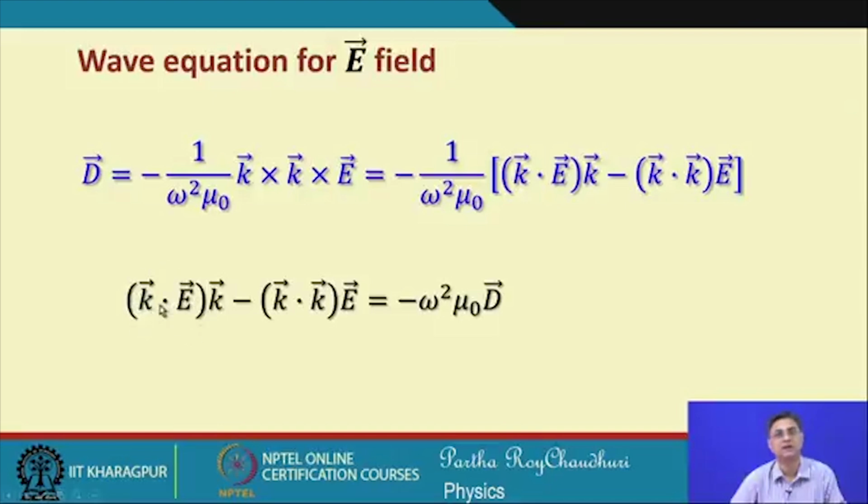We have seen that the direction of propagation and the electric field, they are mutually orthogonal to each other. So, therefore, this quantity does not arise. So, we can write that equation: minus k square E is equal to minus omega square mu naught D.